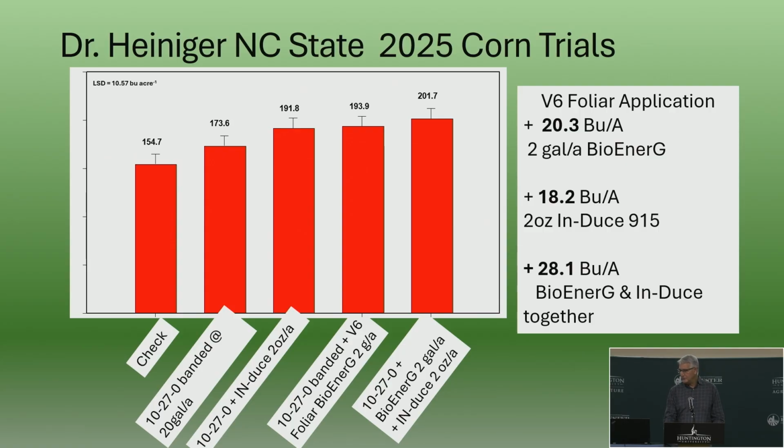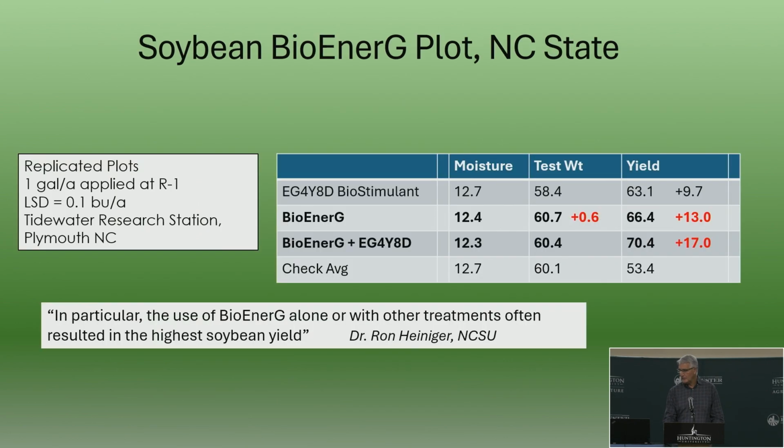But if you put the 2 on together, he got 28 bushels over the check. Bioenergy on soybeans at NC State gained 13 bushels over the check in one case, and then with another additive gained 17 bushels per acre.